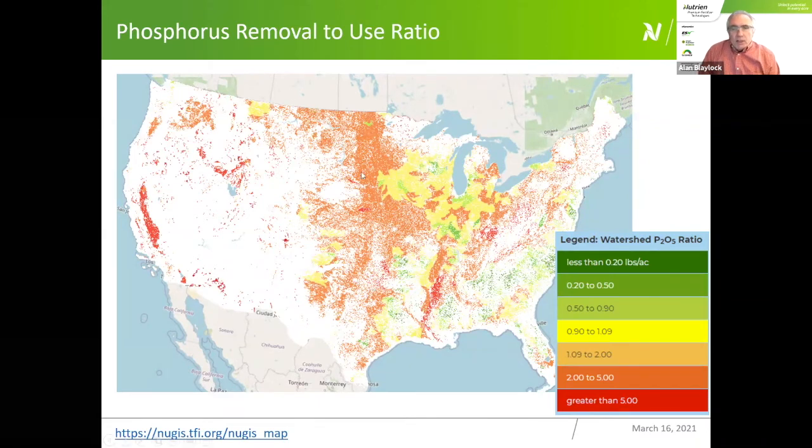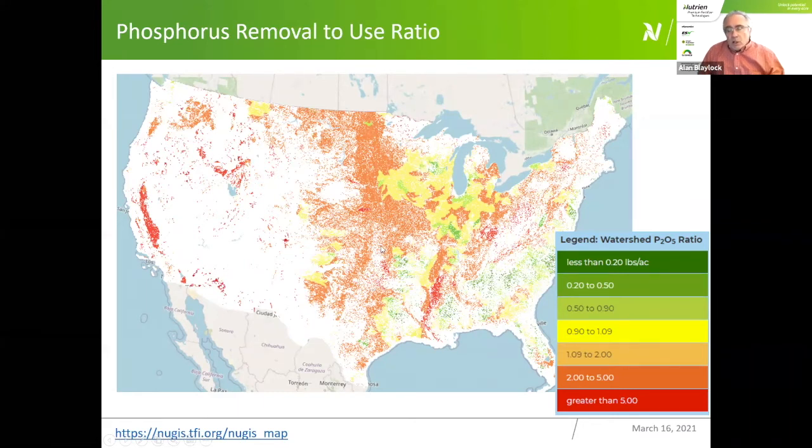So we can look at that. And we see in this orange area here in the plains, we're still removing more than we're applying in the crop. So Western Corn Belt, the Great Plains, the yellow areas are those areas where it's approximately in balance, which is, as I interpret, a good thing. And then these green areas where the removal is less than the actual applications.